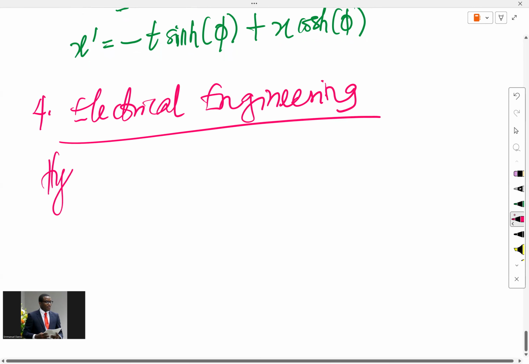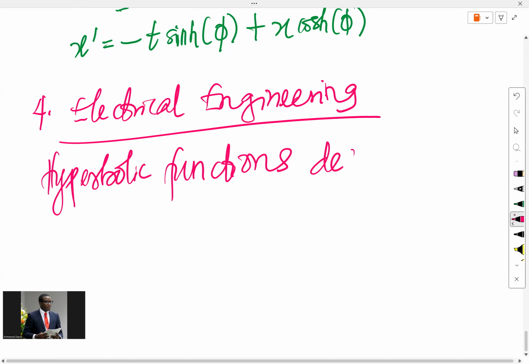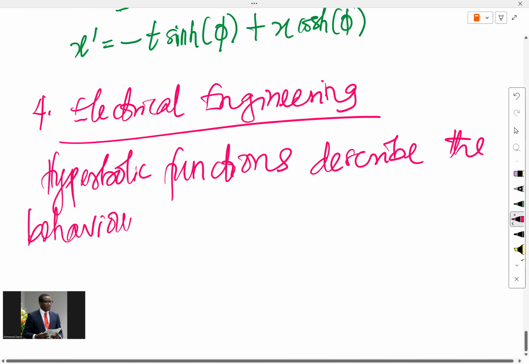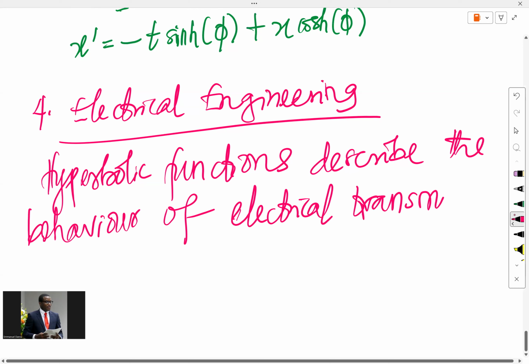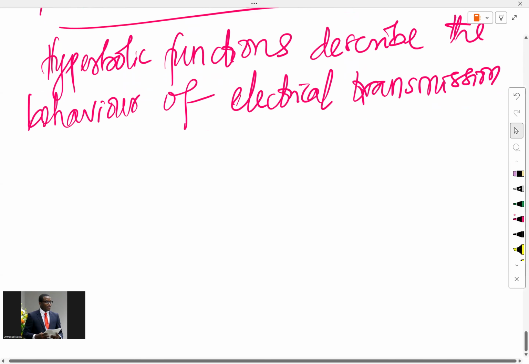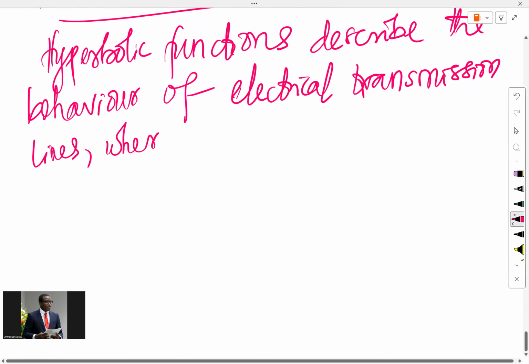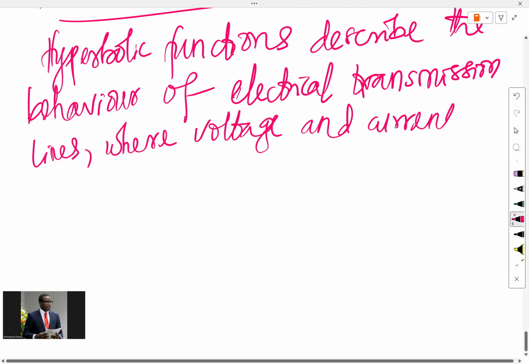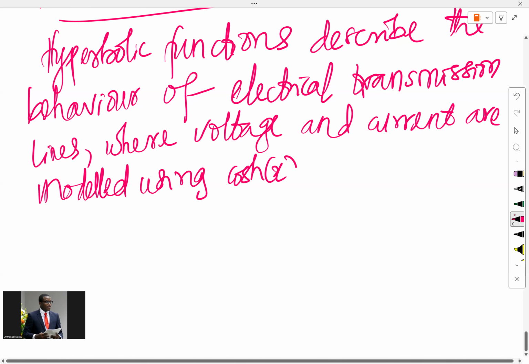So here, hyperbolic functions describe the behavior of electrical transmission lines, where voltage and current are modeled using cos x and sin x.